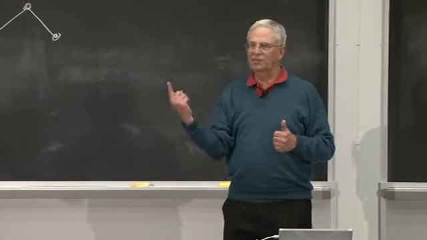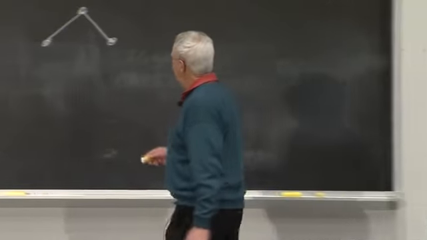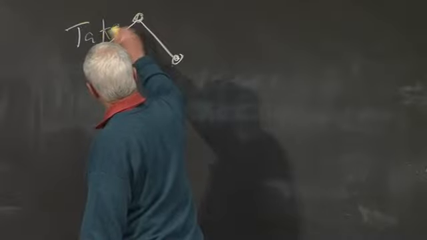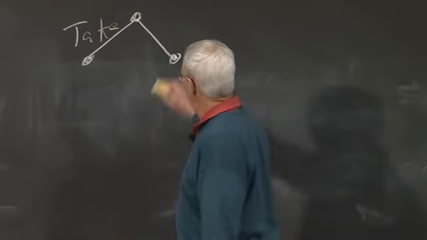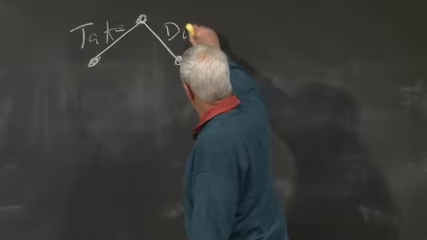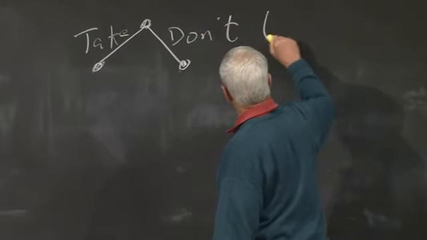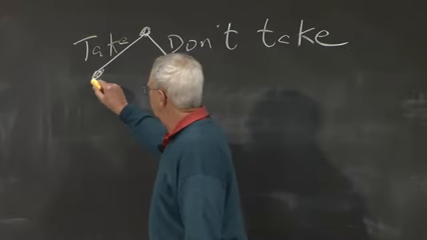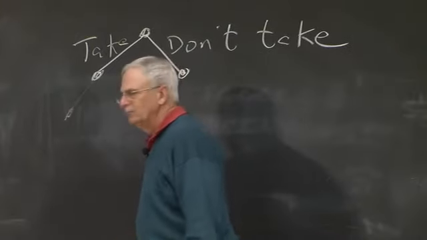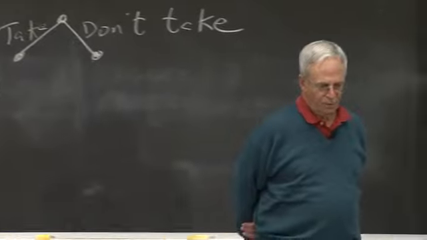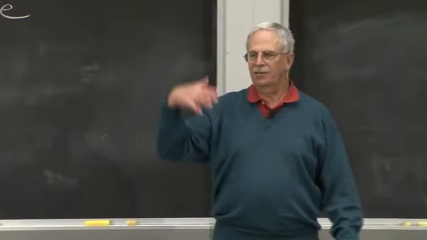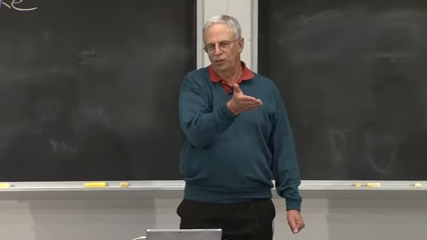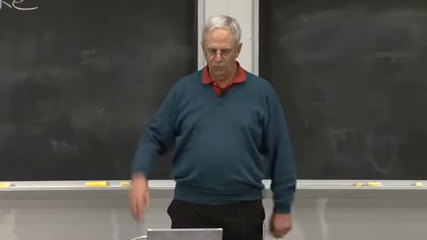And we look at the first element in that list, and then we draw a left branch, which shows the consequence of choosing to take that element, and a right branch, which shows the consequences of not taking that element. And then we consider the second element, and so on and so forth, until we get to the bottom of the tree. So by convention, the left direction will mean we took it. The right direction will mean we didn't take it.